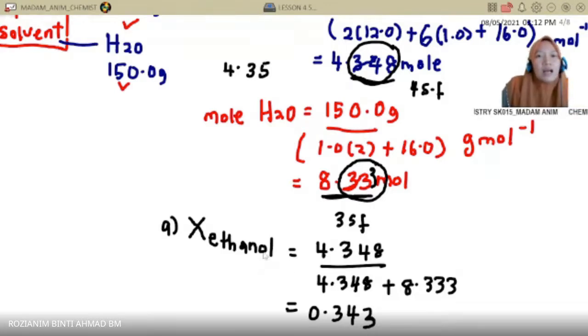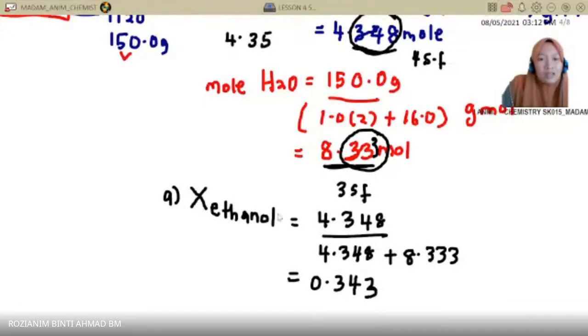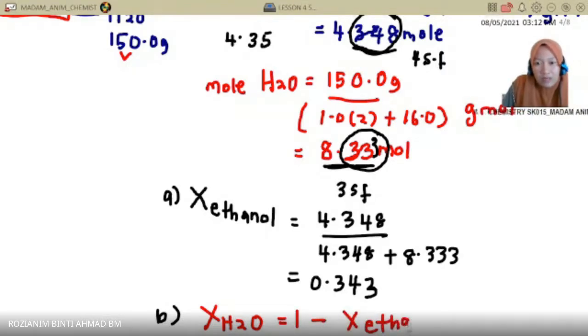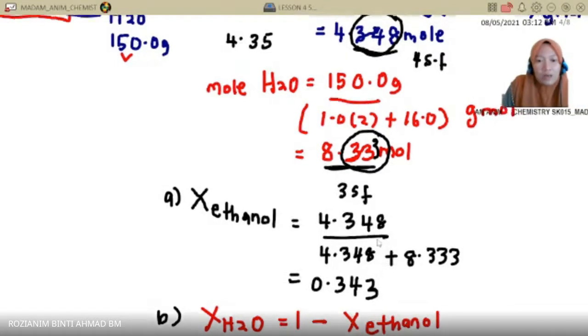Okay, next. How we calculate the next question, mole fraction air? Nak buat statement sama macam ni ke? Tak perlu. Sebab dia kita dah tahu, the total mole fraction is 1. So, kita boleh kira. Mole fraction of water adalah 1 minus mole fraction of ethanol. Kalau kita salah kira mole fraction etanol, so salahlah for water.